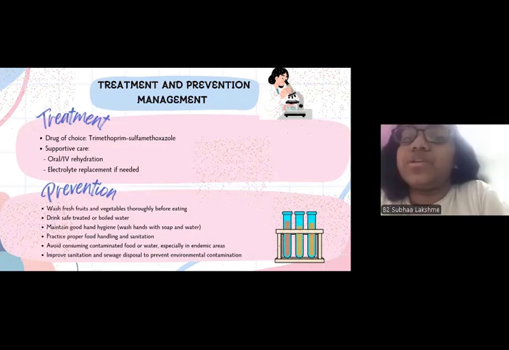I'm going to present the treatment and prevention management. Cyclospora cayetanensis infection is treated mainly with trimethoprim-sulfamethoxazole, or TMP-SMX, which is the drug of choice. The usual adult dose is 160 milligrams of trimethoprim and 800 milligrams of sulfamethoxazole taken twice daily for 7 to 10 days.